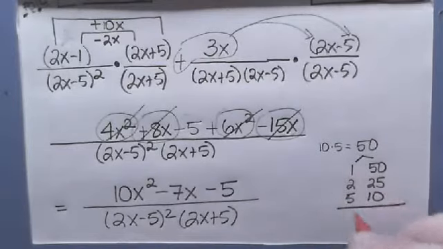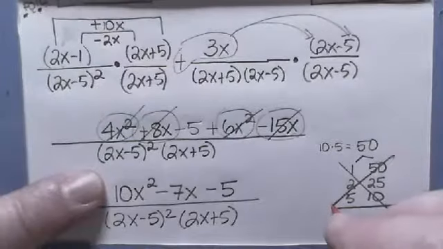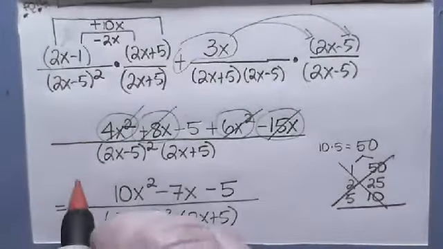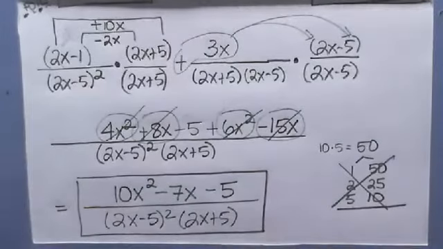Does anybody here give me a 7? The answer is no. So that means the top one cannot be factored. So that means nothing can be canceled. So we're done. This is our final answer.